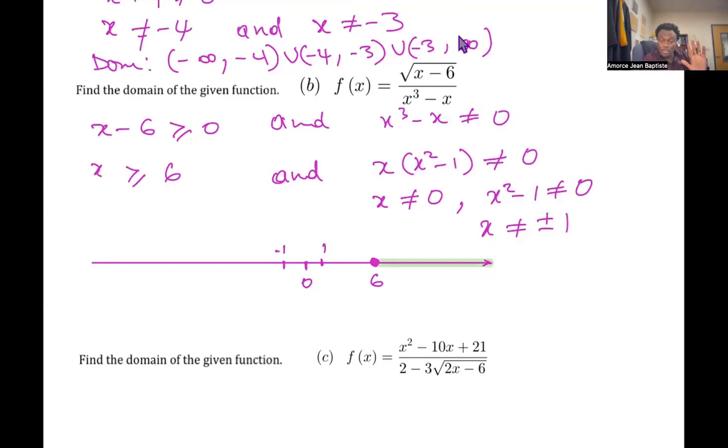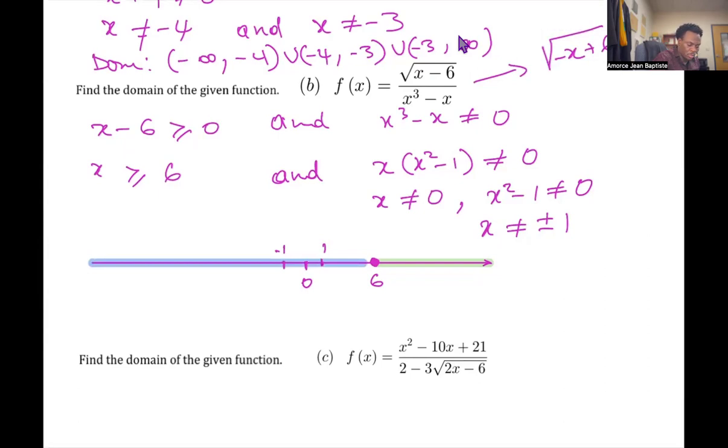But it's not always going to be like that, because if it was an equation like square root of -x plus 6 on top, then it would be this side of the number line that you would have considered as your domain. It would have been this side here, if you had a function.